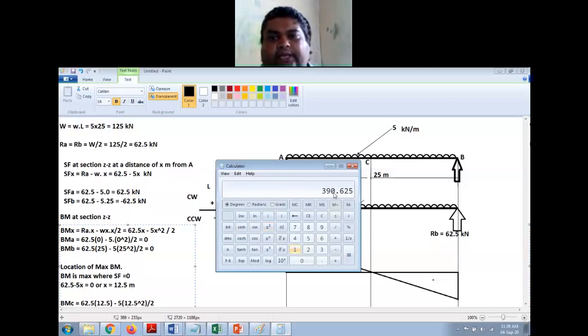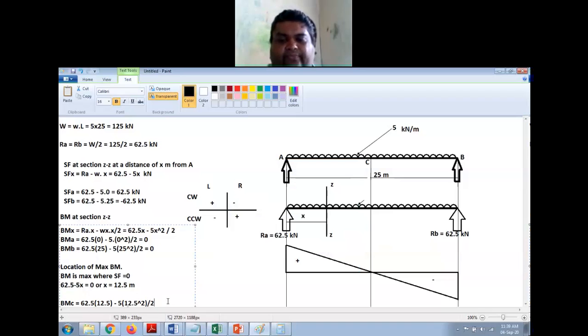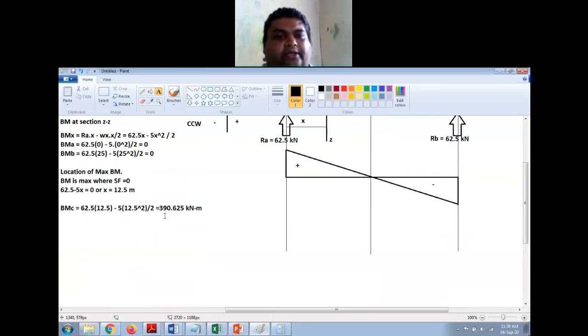So this is 390.625. What will be the unit of bending moment? This will be kilonewton meter, right? So this is the magnitude of the bending moment.